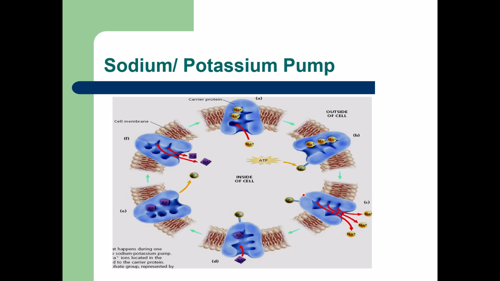So here's a very in-depth example. So you have the outside of the cell, and then you have the inside of the cell. So as you see here, we're pumping Na plus, sodium, out of the cell here. And when it opens and it changes that configuration, potassium comes in, and that phosphate breaks off from the ATP to ADP.